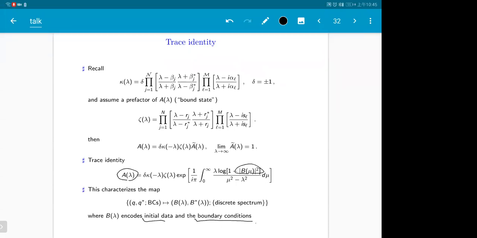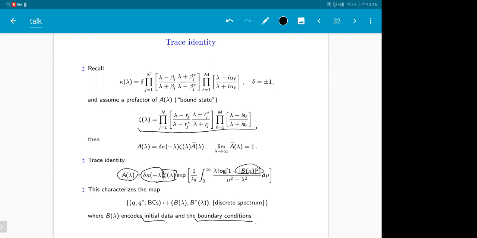There's some particularity here. Your A actually has a prefactor zeta. Zeta will encode your soliton behavior, but it also encodes the kappa, which comes from the integrable boundary conditions.